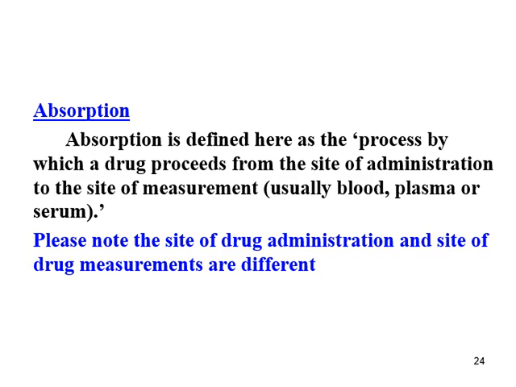Very occasionally, maybe the specific disease site, but usually the blood, in the systemic circulation. And please note that the site of drug administration and the site of drug measurement are different. That's very important.